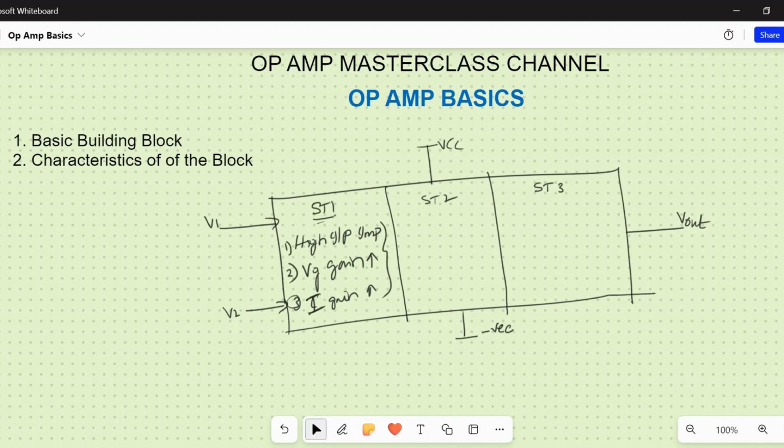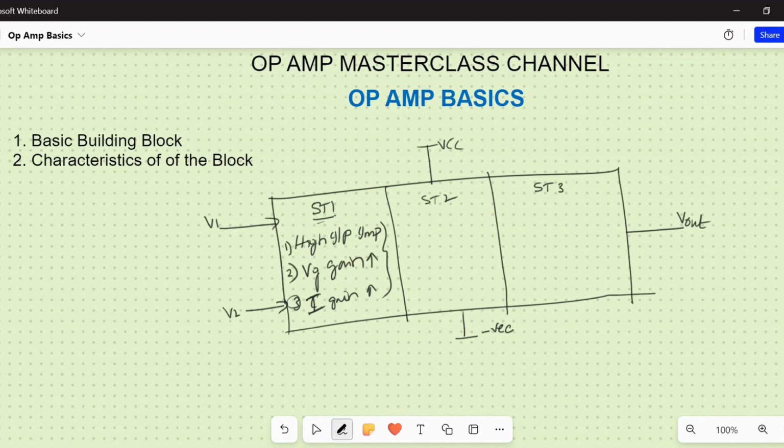Secondly, in the second stage, the amplified output of stage one will always be drifted away from the baseline, which may not be exactly the baseline of 0 volt or the ground level.